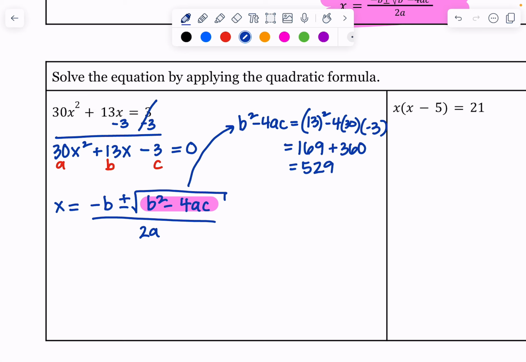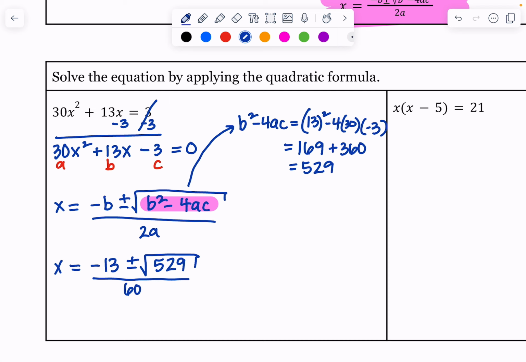All right, so I'm going to take that back into the formula. So we have x equals negative 13 plus or minus the square root of 529 all over 2a, so that would be 60.